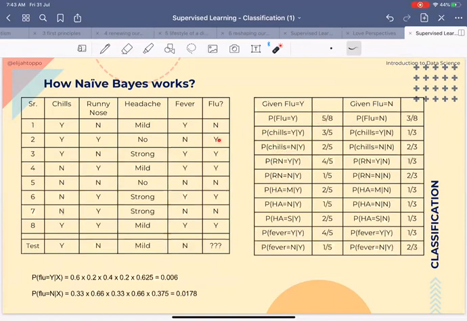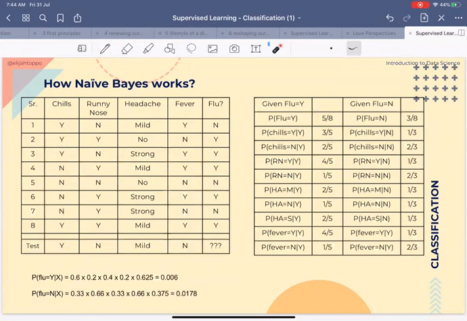Out of those 5, for chills we have 1, 2, and 3. Out of the 5 cases that have flu, 3 examples also have chills. So the probability that someone has chills, given that they have flu, is 3 by 5.